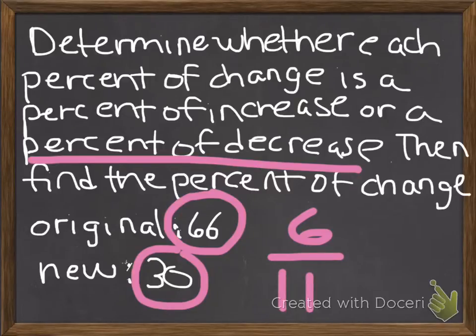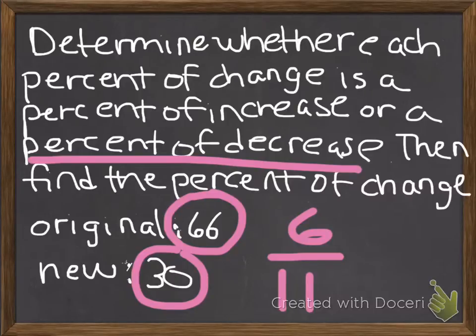Okay, so if you did 6 over 11 and you're trying to make this into a percent, when you have a fraction and you want it to be a percent, you need to change it by dividing 6 divided by 11. And that's going to give you a decimal. So 6 divided by 11 gives us 0.54 repeating.